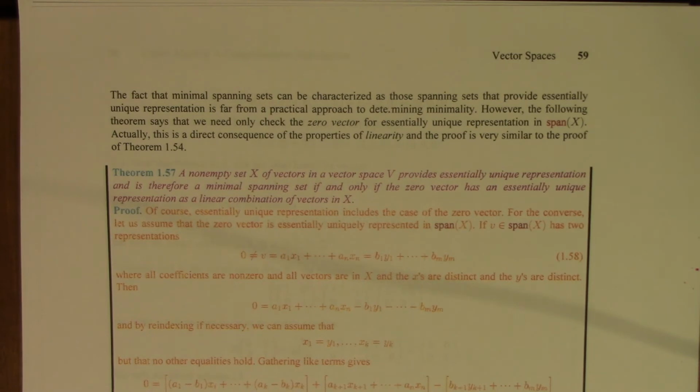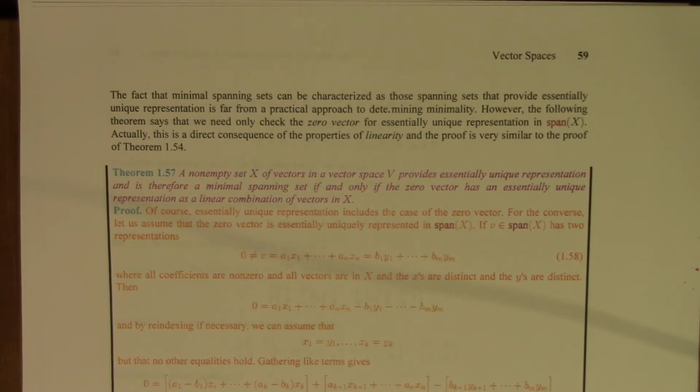But the next theorem tells us that all we need to do to check for a minimal spanning set, or in other words for a set that has essentially unique representation, is check to see if the zero vector has an essentially unique representation.